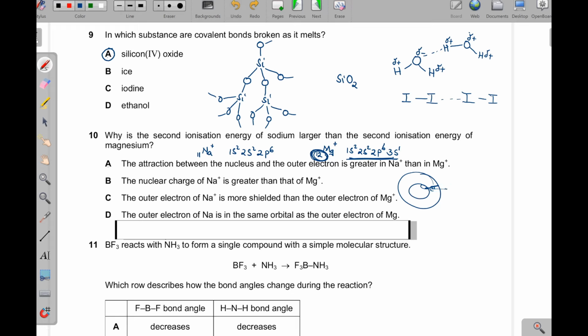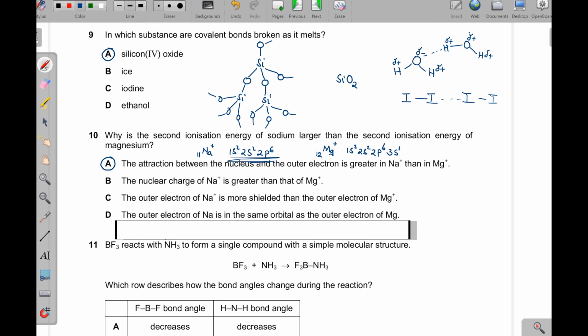So that shielding outweighs the nuclear attraction, or the nuclear charge, and the nuclear attraction is going to be weaker. So they are saying the attraction between the nucleus and the outer electron is greater in sodium than in magnesium. That is right. The answer has to be A.